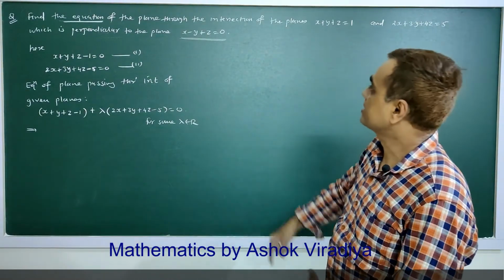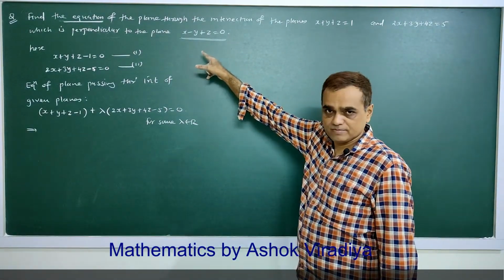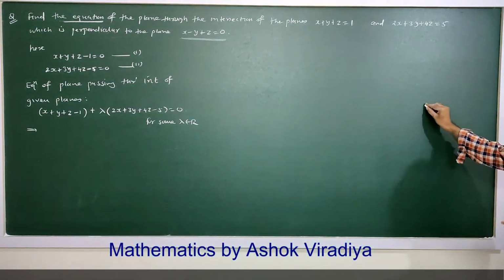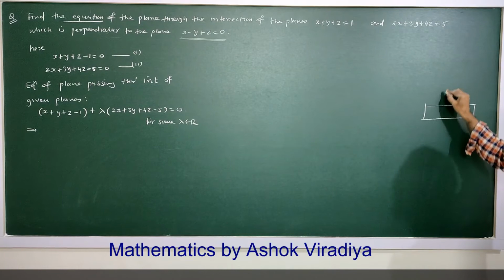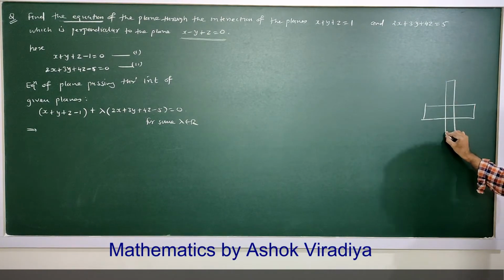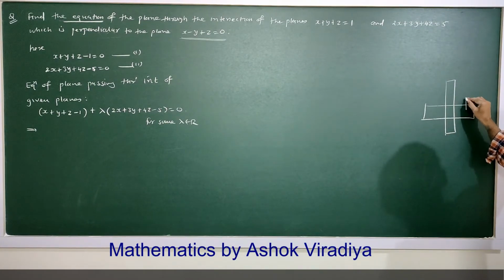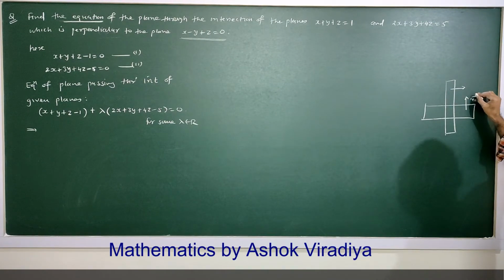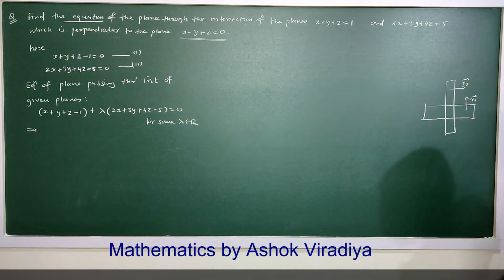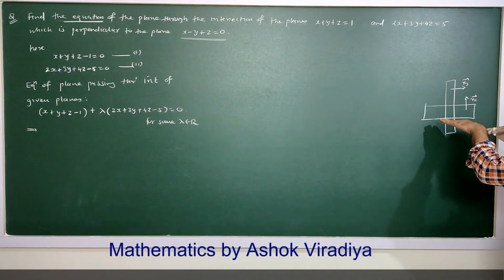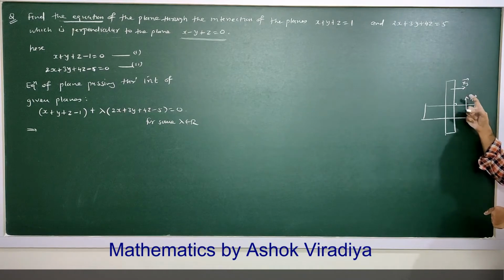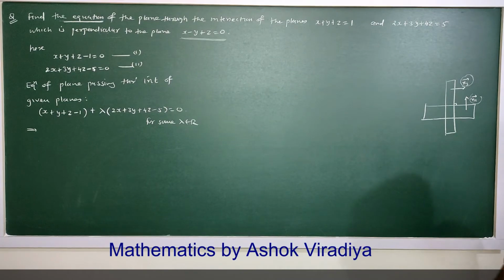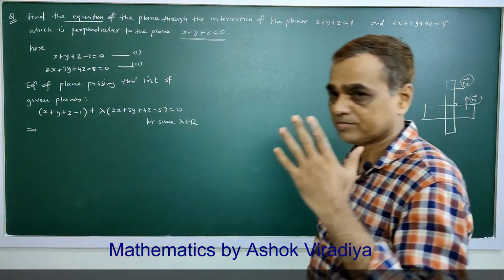Now the required plane is perpendicular to this plane. And whenever two planes are perpendicular to each other, then their normals are also perpendicular. See, these are normals: normal to plane 1, this is normal to plane 2. So the planes are perpendicular, that means the normals are also perpendicular, so their dot product will be 0. So here we will use the dot product.